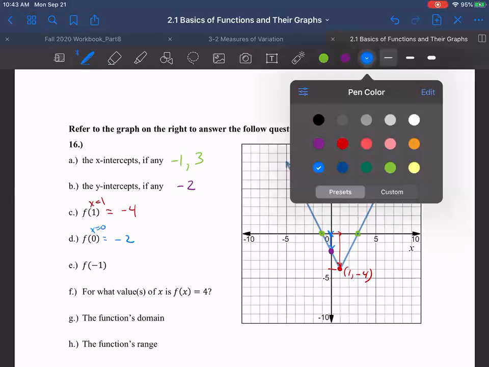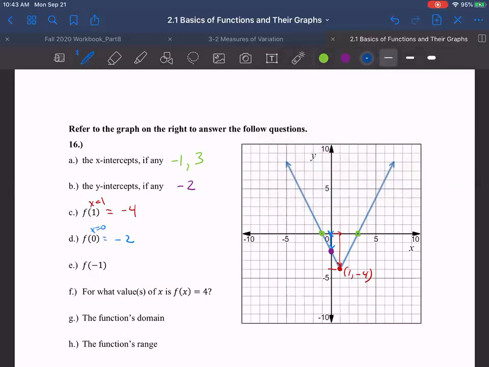The next one is f of -1. That's when x equals -1. And so we're going to go over here to x is -1. That's right there. That's also right where the graph line is. And so it's right there, y equals 0. All right, so those ones we found pretty quickly.